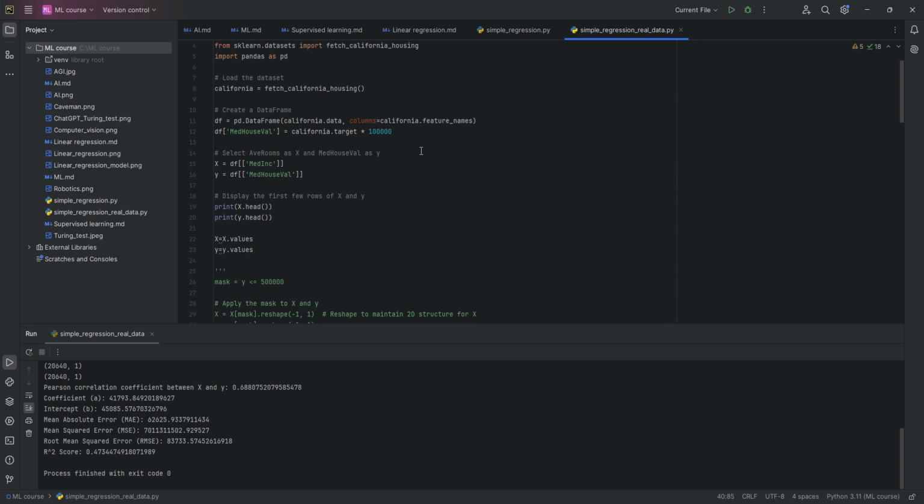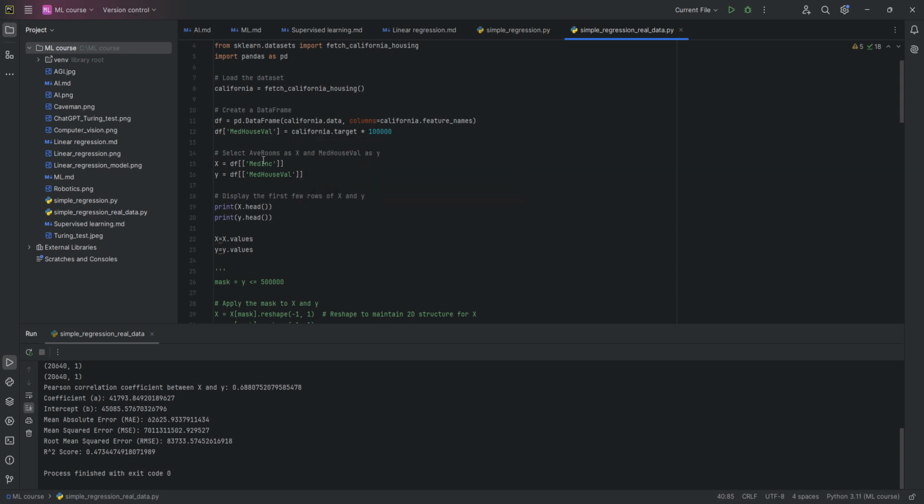And here we are still doing the simple regression. So we have one target variable, one dependent variable, and one independent variable. Our dependent variable or target or y is the house values, which are recorded in this column in this data set, and they are in units of 100,000. So we're gonna multiply by 100,000 to have a dollar value in our y.